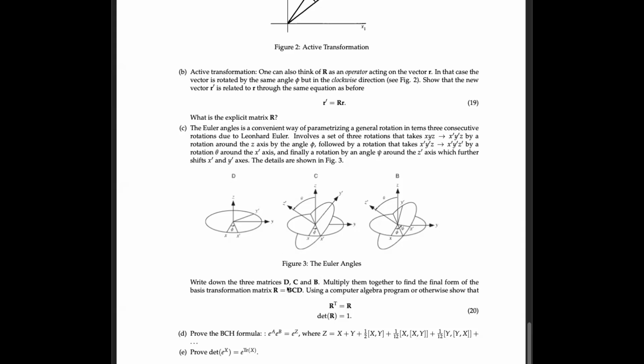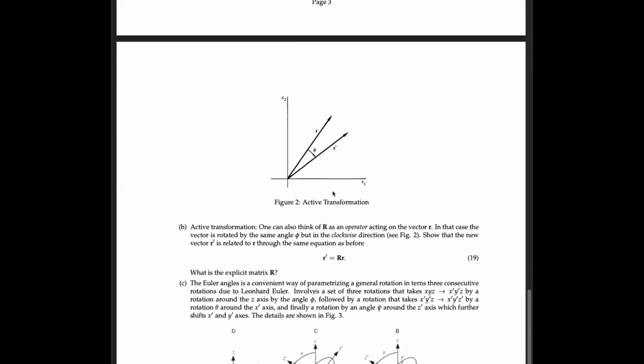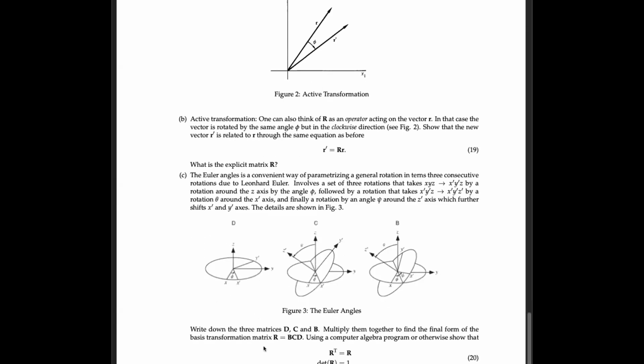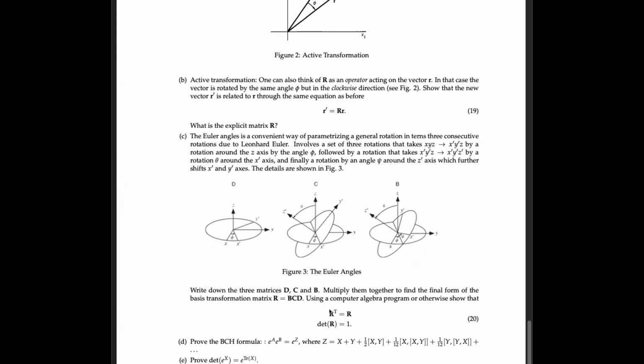The first one is D, the second one is C, and the third one is B. And you know what these individual rotation matrices are; they're just versions of this rotation matrix, and you just multiply them together. The big rotation matrix R will look complicated, but it's also a matrix which satisfies these two conditions. R transpose is equal to R inverse, so there's a typo here. This should be R inverse, and its determinant should be 1.